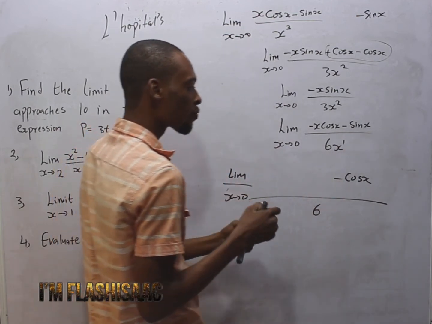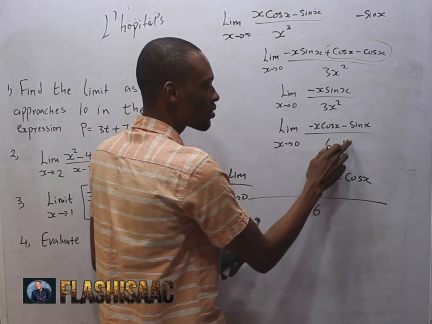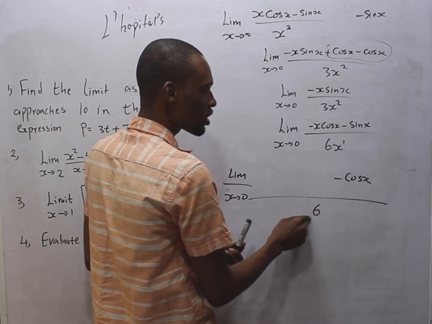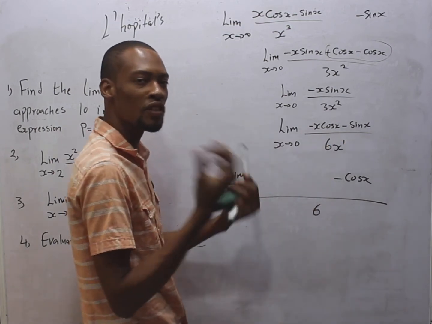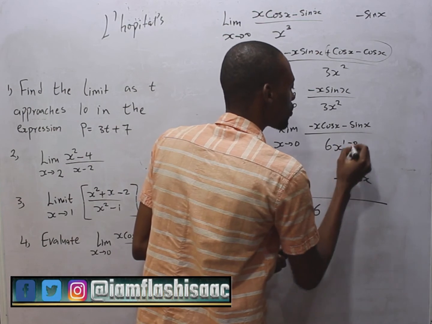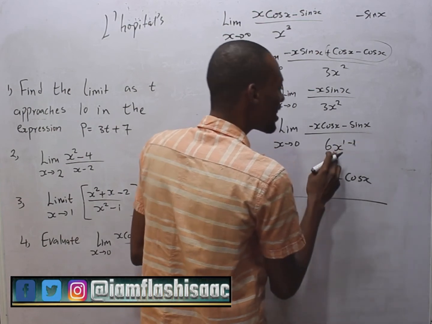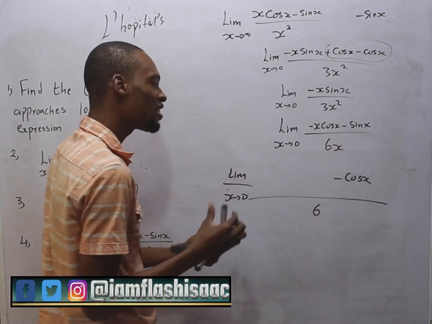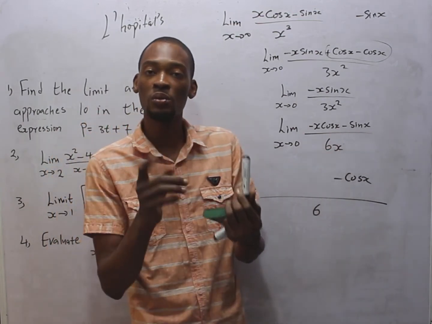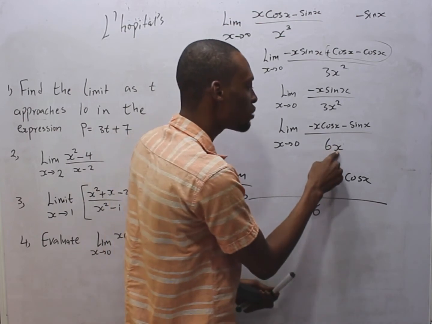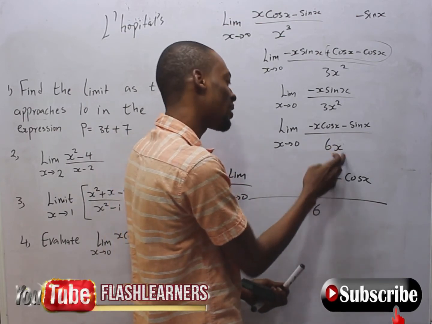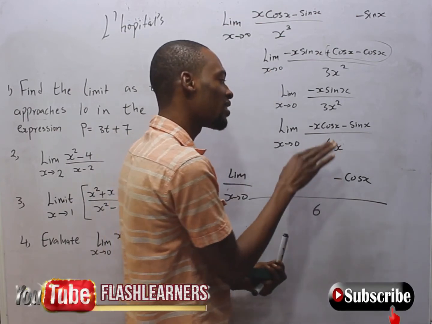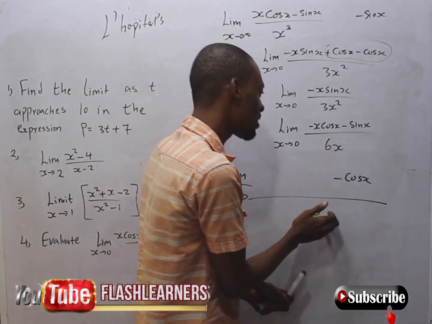Remember, in differentiation, we say the power times here. So that is 1 times 6 to give you 6. Then you subtract 1 from the power. So 1 minus 1. This will give you s raised to the power of 0. And remember, in mathematics, any reasonable thing raised to the power of 0 will give you 1. So this becomes 1, and 6 times 1 is 6. That is why differentiating 6s, you get 6.